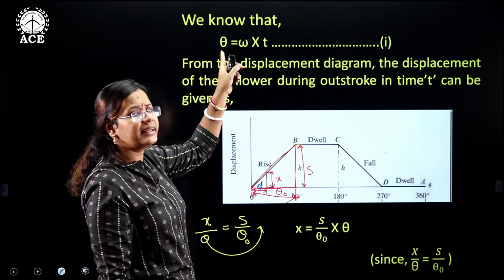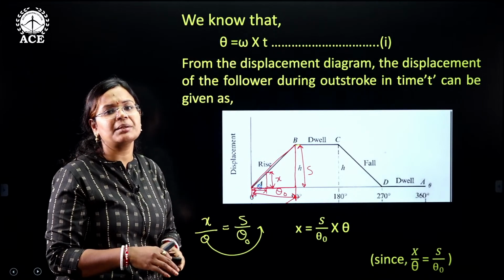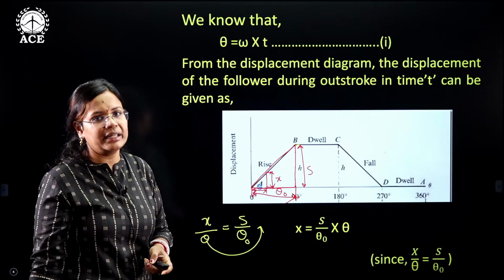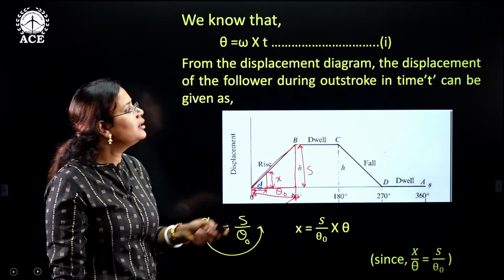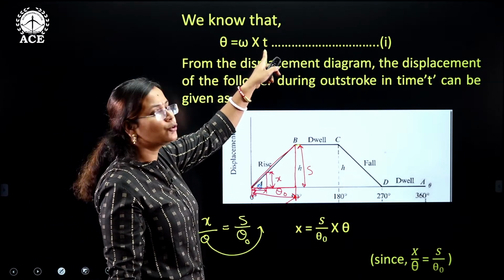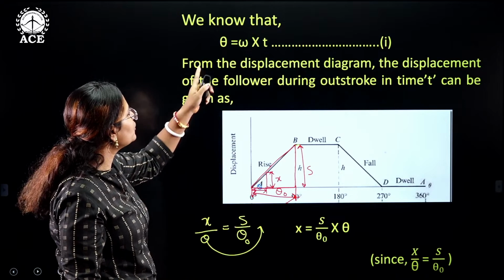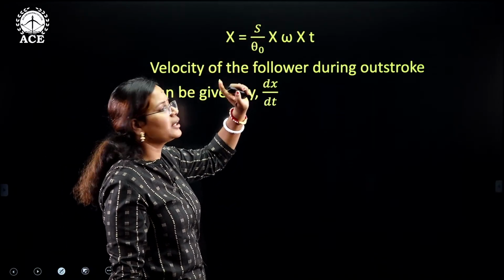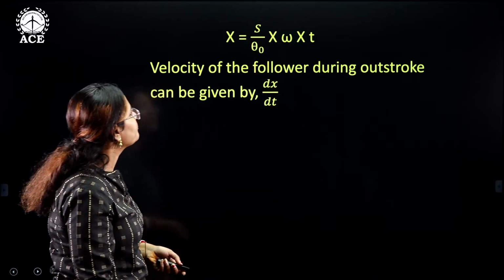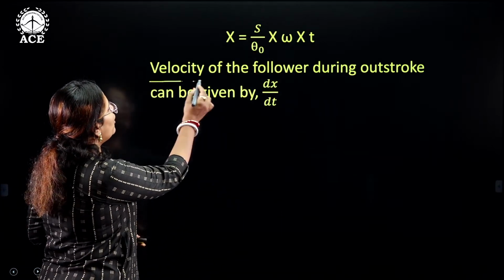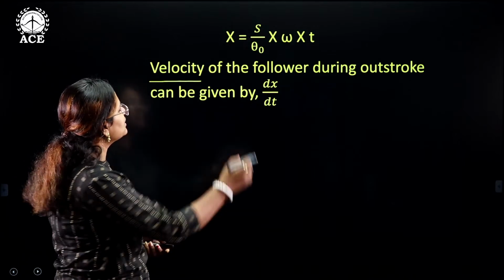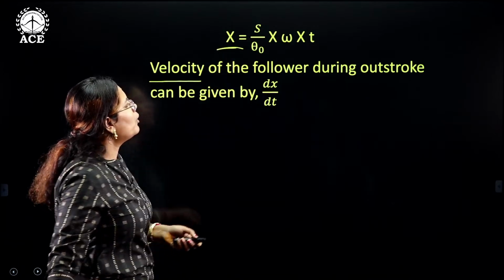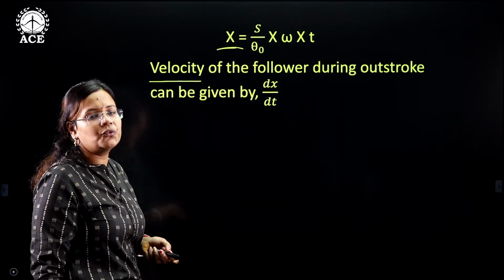And we already know that angular displacement is nothing but angular velocity into time. Displacement is equal to speed into time, so angular speed into time. If I substitute, you have x is equal to s by theta naught into omega into t. But we want velocity. This is nothing but the displacement, so how will I go further?